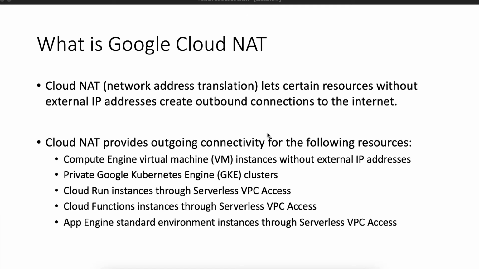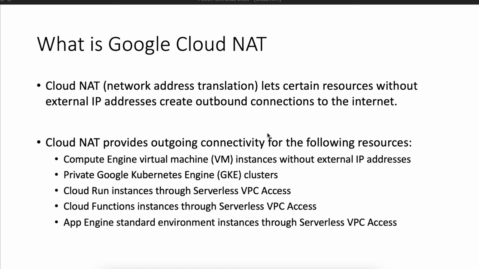If you deploy an app on a virtual machine, or on a GKE cluster, or you're running an app on Cloud Run, or if you wrote a function, or deployed something on App Engine, in order to access the internet from these services, you may need a NAT.